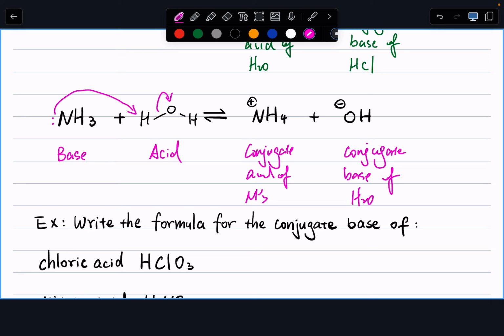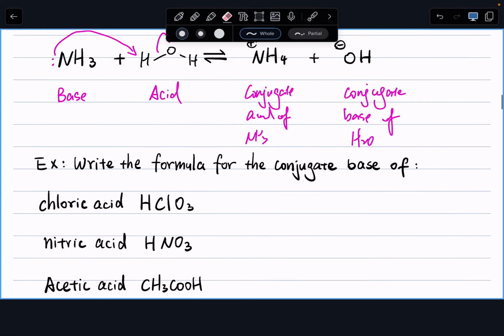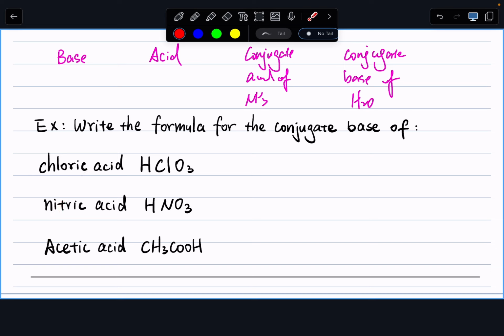Right. Some of the typical questions we could ask you is, well, can you write the formula of the conjugate base of given molecules? So, for example, can you quickly write the conjugate base of chloric acid, nitric acid, and acetic acid? So for this one, well, it's a conjugate base, so we're losing a proton, right?